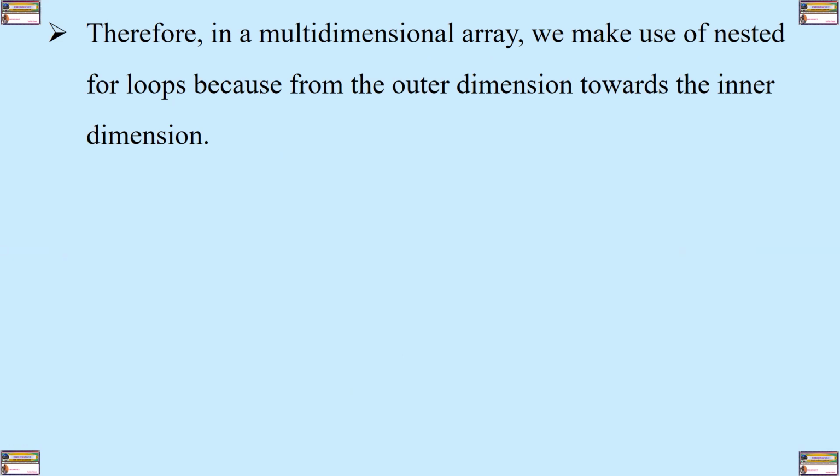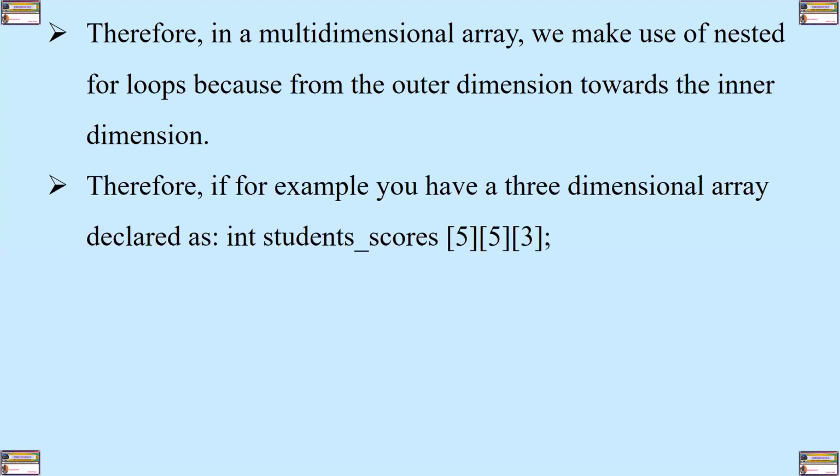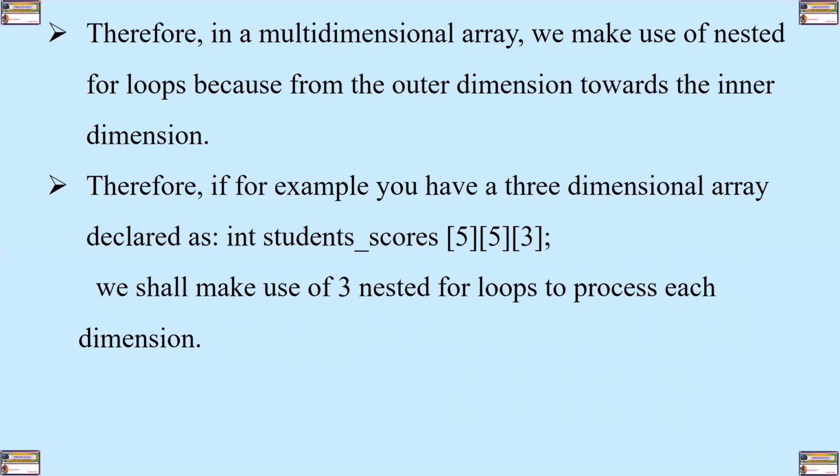Each dimension has its own for loop because the outer dimension will always take you to the inner dimension. So the loops are arranged from the outer dimension to the inner dimension. Therefore, if, for example, we have a three-dimensional array declared as you can see, we shall make use of three nested for loops to process each dimension.